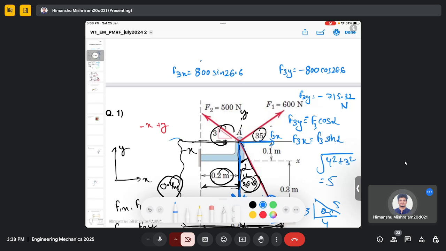So this will come out to be 358.2 Newton.